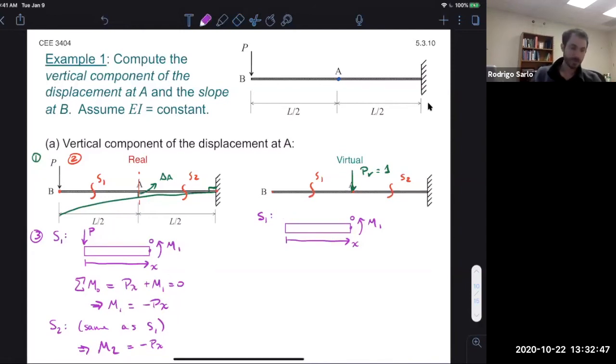So it just looks like this. And I have to change this to M virtual 1, right? Change my moment because now it's virtual. But it should be fairly easy to see that that moment's equal to 0.